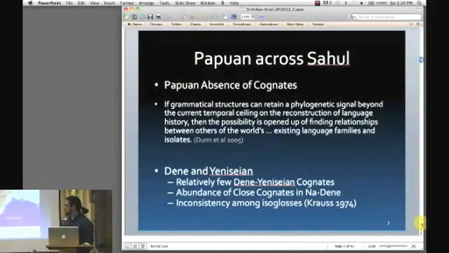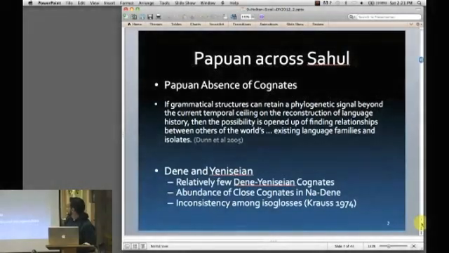And so, like the Sahul case, we're of course dealing with a scenario with a terminal Pleistocene land bridge. So we're presenting data from two data sets.